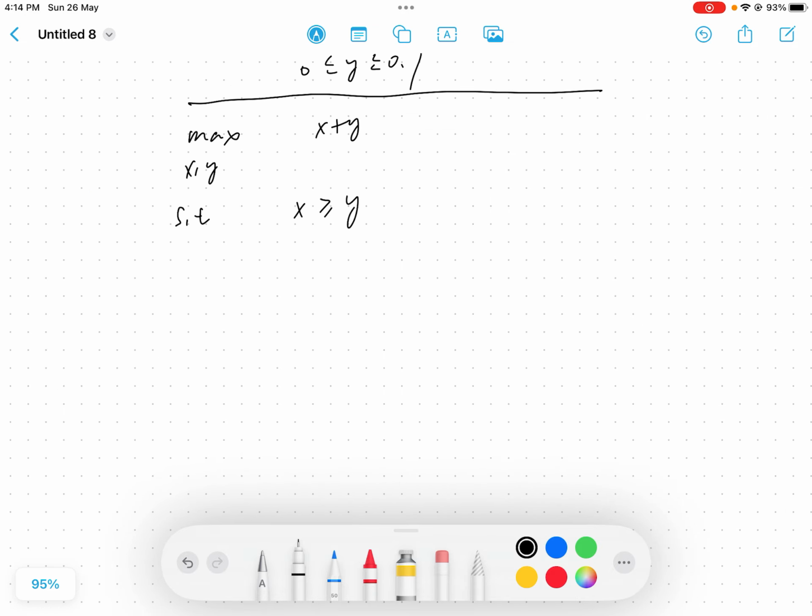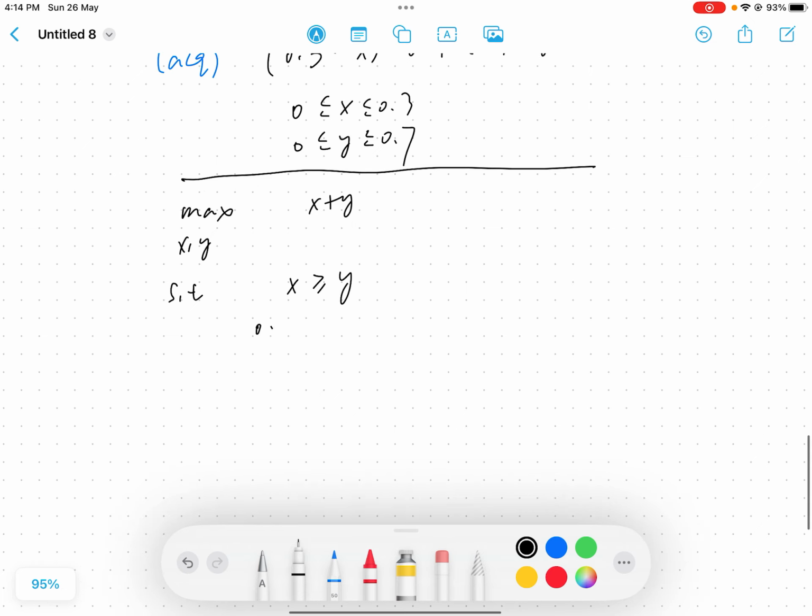And then from the second, we have 0.7 minus y greater than or equal to 0.3 minus x. So this becomes x greater than or equal to y minus 0.4. And actually we do not need this, because the first one implies the second.